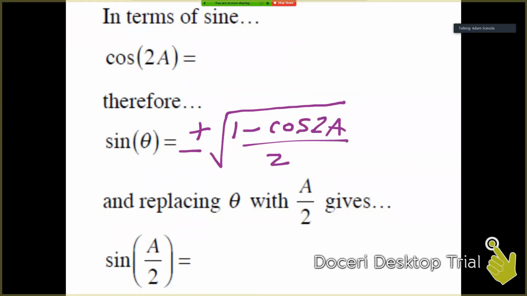The half angle formula means it's the sine of a over 2, half of a. So it's the sine of half of an angle that you can evaluate without the calculator.